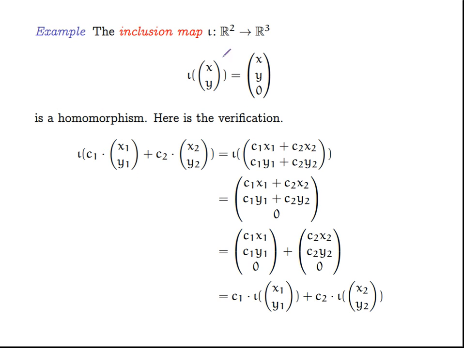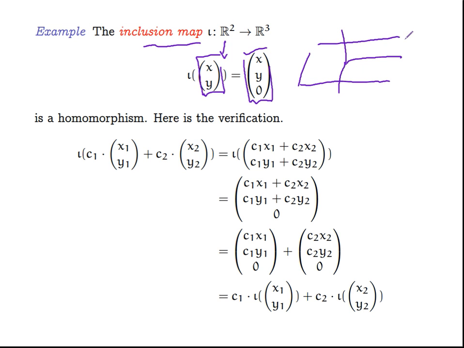Here's another example. This is called the inclusion map. It's called the inclusion map because this is 2 dimensions, and we can think of 2 dimensions as sitting inside 3 dimensions as a plane. Now, you shouldn't confuse R2 with the xy plane, but it certainly can be identified with the xy plane. Okay. There's certainly a one-to-one onto correspondence between R2 and the xy plane.